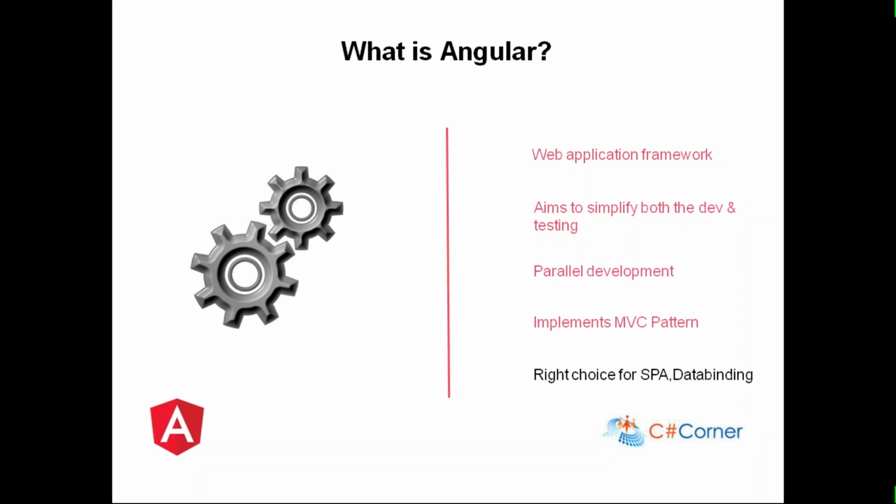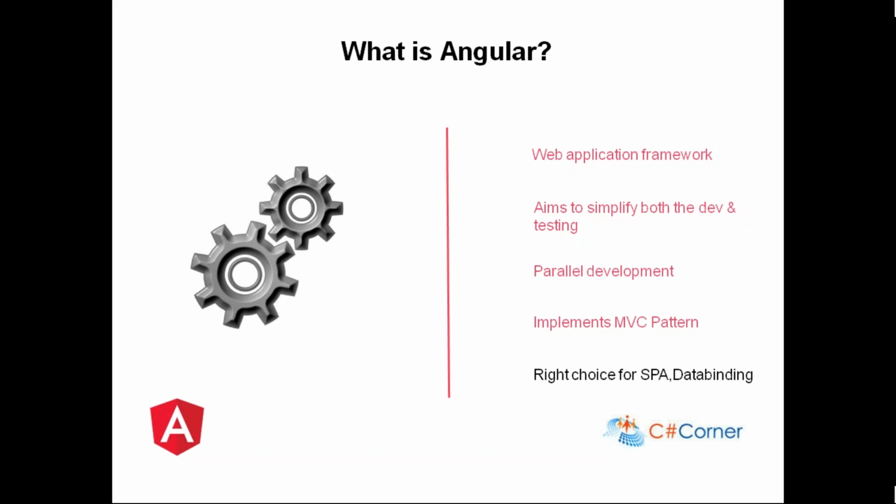Angular is the right choice for single page applications and data binding. I already mentioned that in data binding, whatever data is supplied in the HTML also reaches the JavaScript object.